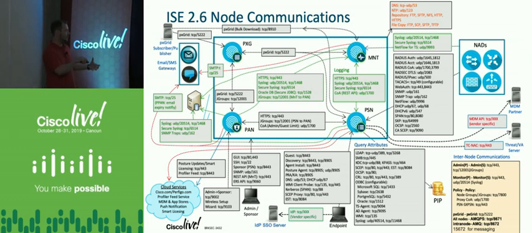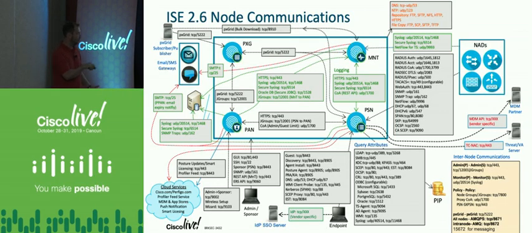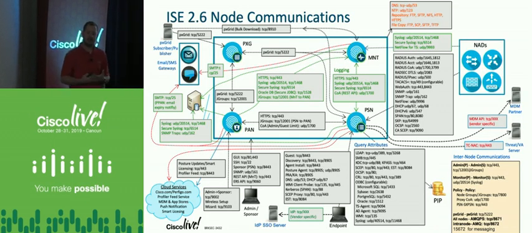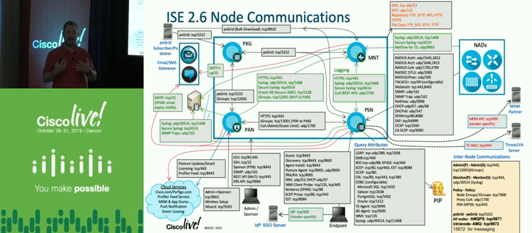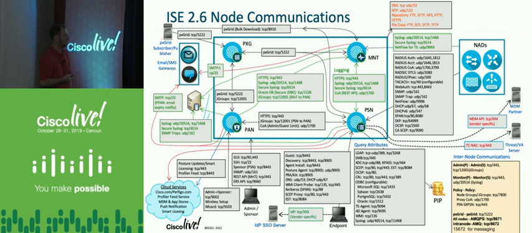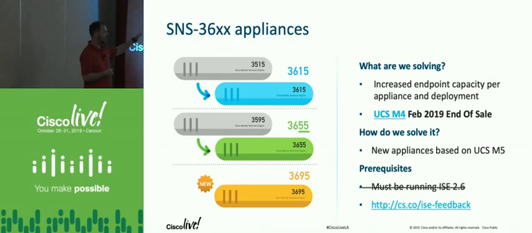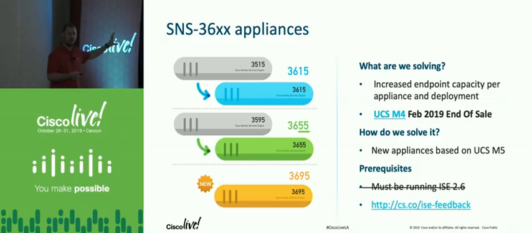So that lightweight directory service and some of the additional profiling services all show up here. And in that 2.6 documentation, we're going to show you more of the delta ports and protocols that are associated with the node communication.